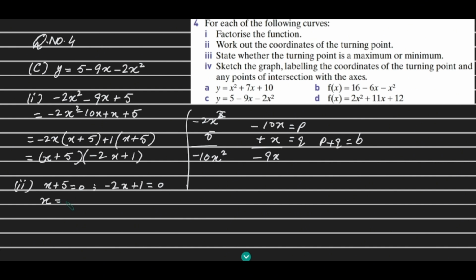We get x equal to minus 5. And here, taking minus 2x, we move 1 to the right side and get minus 1. Then minus 2 is multiplied by x, so on the other side it will be divided by minus 2. This will be positive 1 by 2.